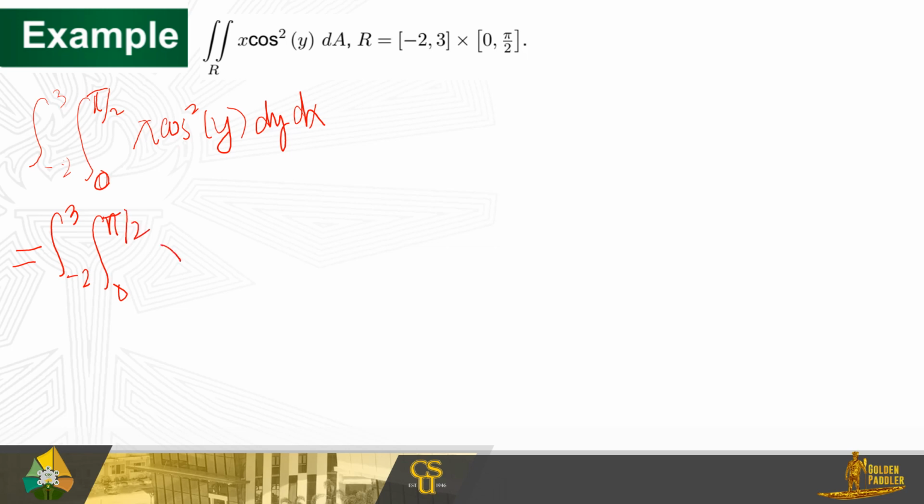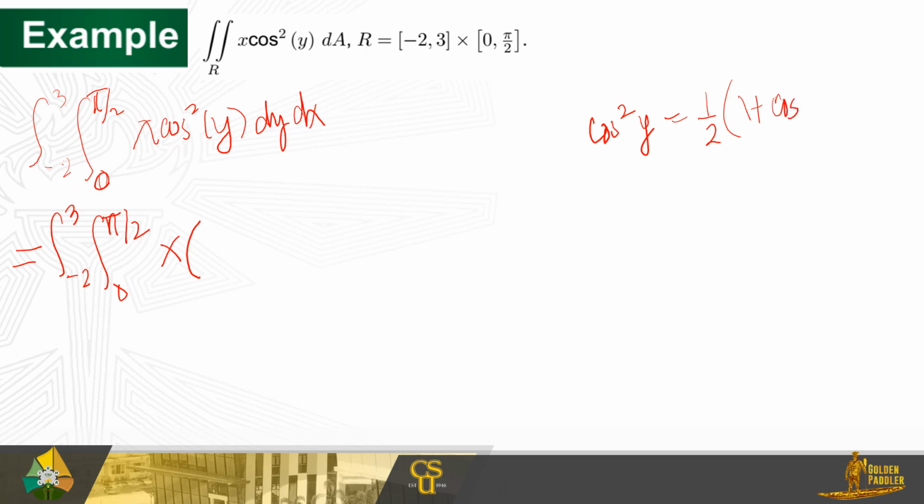So, magiging x times, meron tayong identity para dito. Yung cosine square, pwede natin gamitan ng identity, which is cosine square of x over 2. So, meron tayong 1/2 times 1 plus cosine, wala lang square.